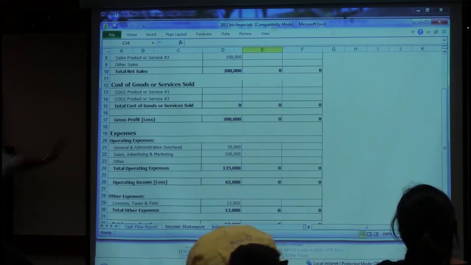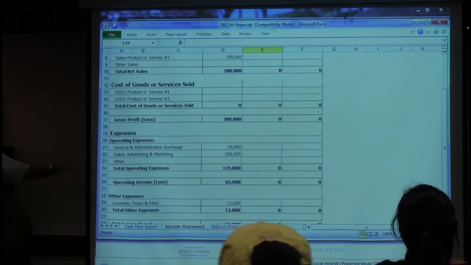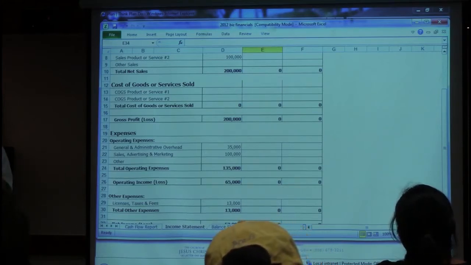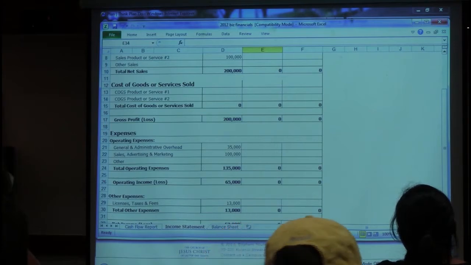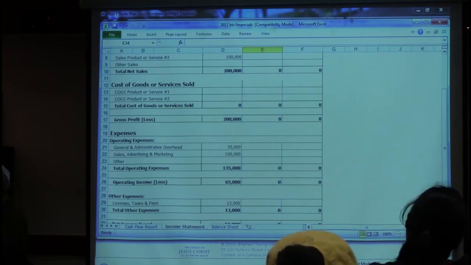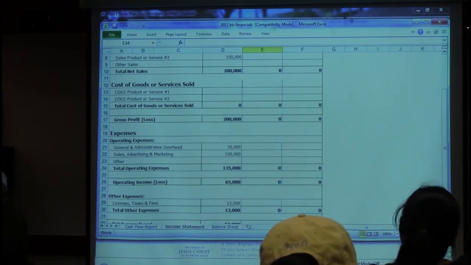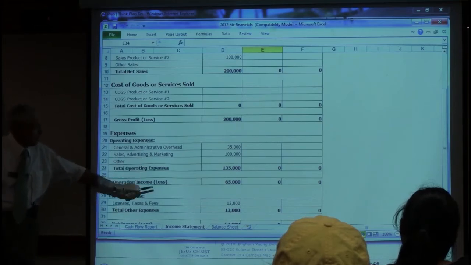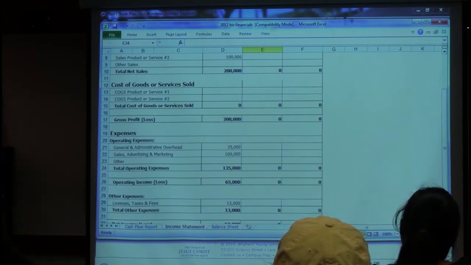So if you bought a car, a copy machine, a building, you depreciate that over time, which means that you can deduct the cost of a building or some capital asset slowly over time, and you put that on your income statement, which becomes an expense and which will lower your operating income, and basically your taxable income.